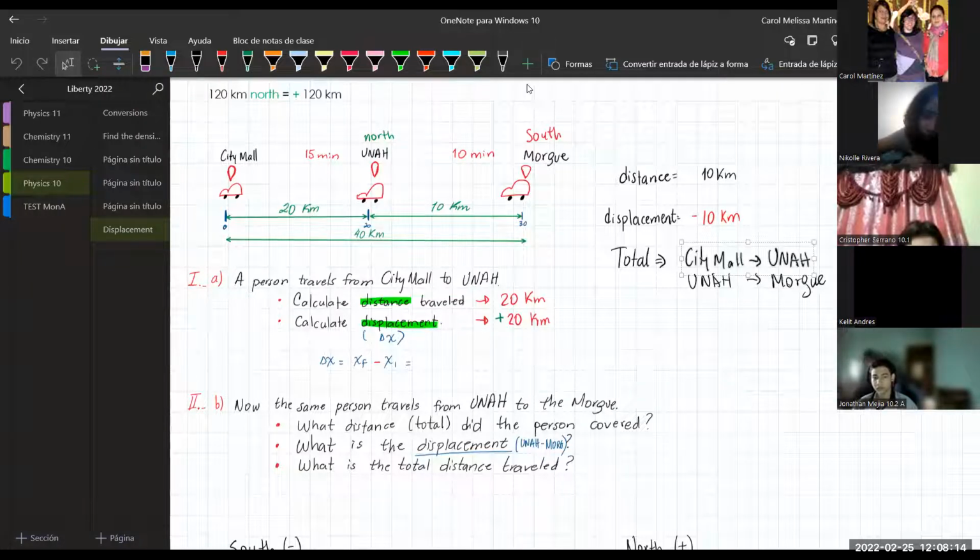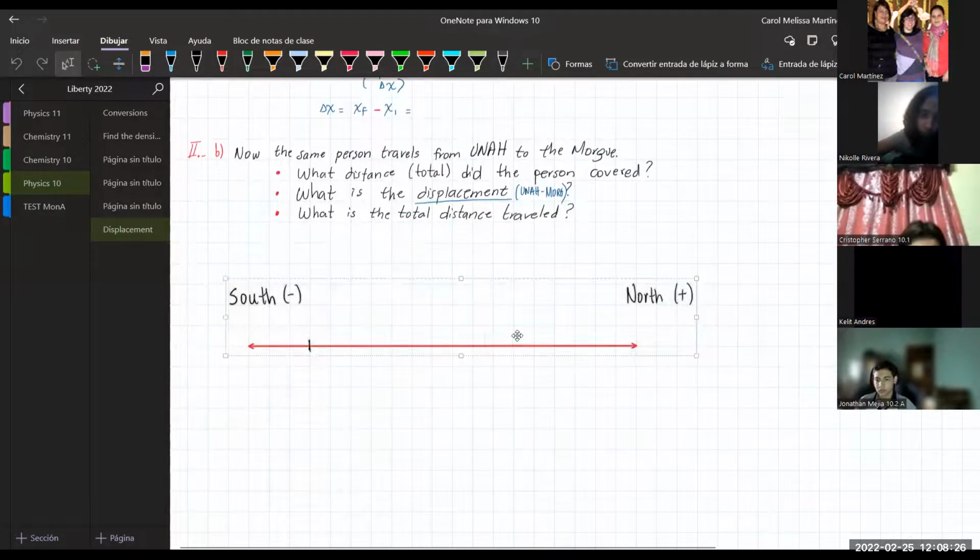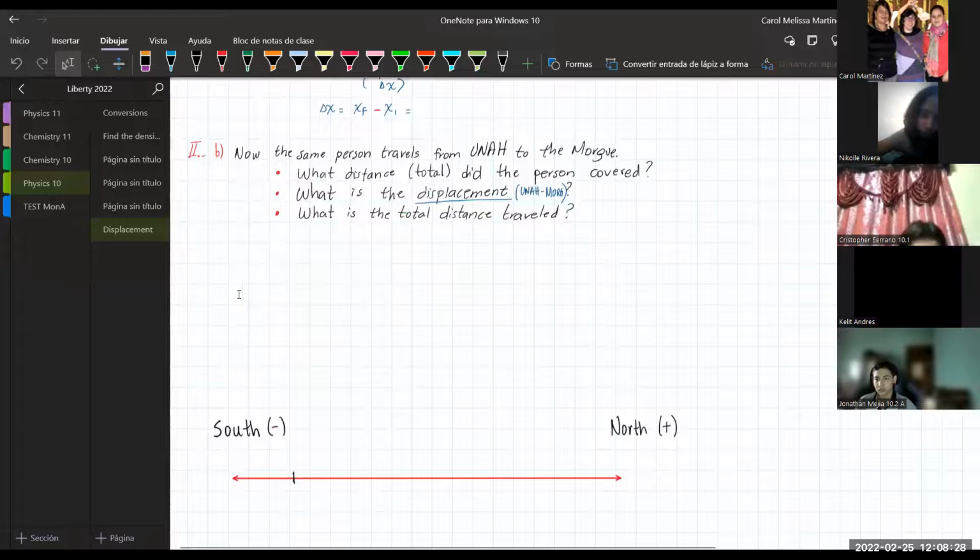Now, in terms of displacement, if I have to add the total displacement, I'm going to do this here, okay? The total displacement. Take a look.